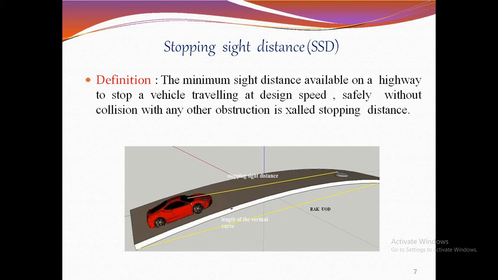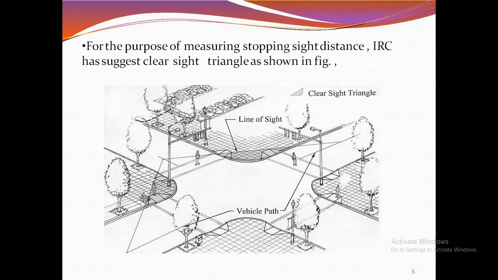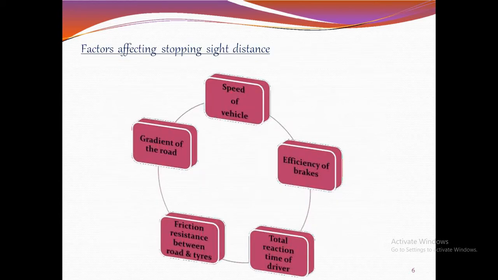The distance within which a motor vehicle can be stopped depends upon these factors: total reaction time of the driver, efficiency of brakes, speed of the vehicle, gradient of the road, and friction resistance between the road and tires.